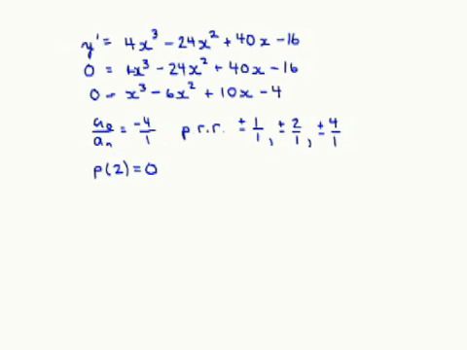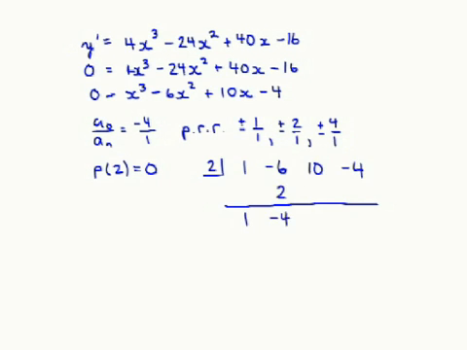So we've done our synthetic division, and we've ended up with 1, negative 4, 2, and 0. If you remember, the 0 is the remainder, and if 2 indeed is a root of this cubic expression, then the remainder after doing synthetic division should be 0, and that's the case here.